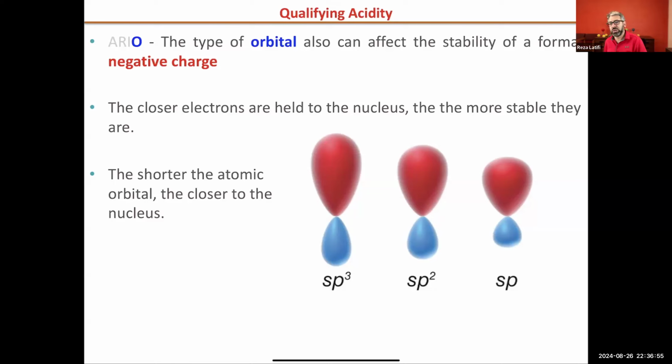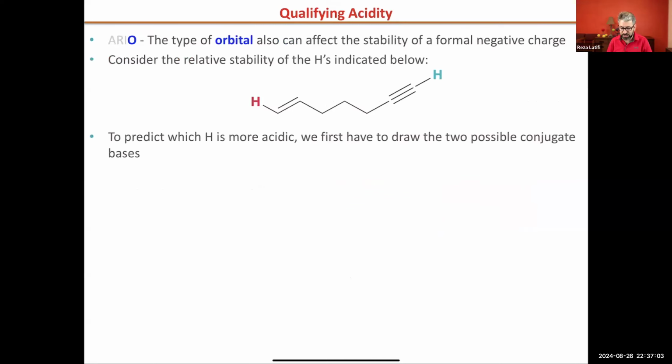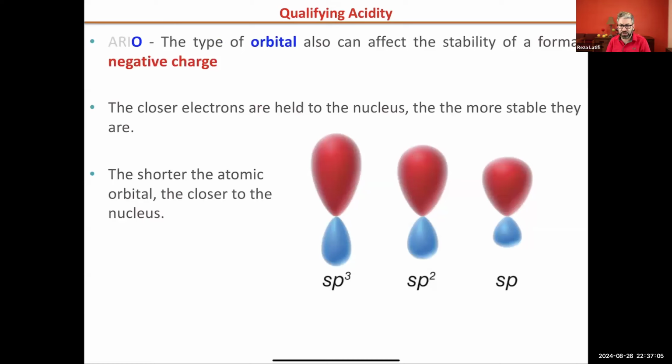The one that has more S character will have higher electronegativity. So this one is 50% S character, here it is one third, so 33% S character, and one out of 4 is 25% S character.